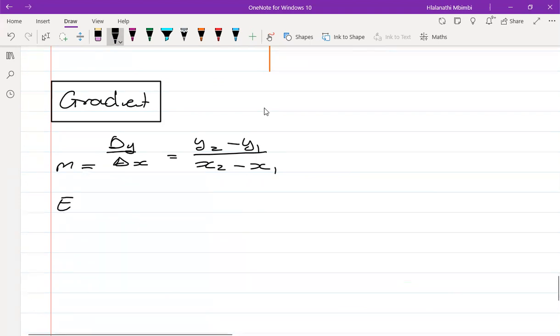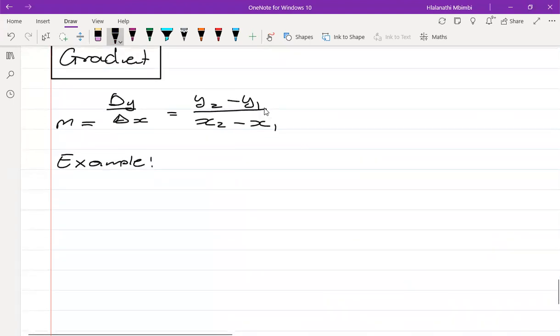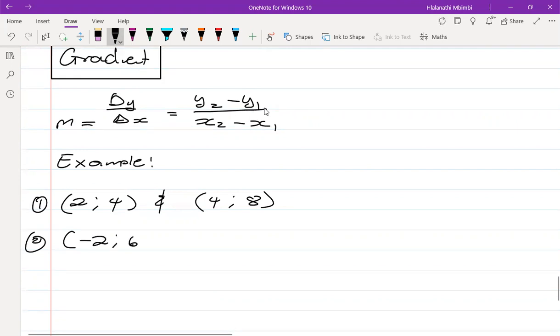So let's have a few examples of how to calculate gradient. I'll have one where I ask you to calculate the gradient between 2 and 4, and 4 and 8. Then I will ask you to calculate gradient between -2 and 6, and 5 and 6.